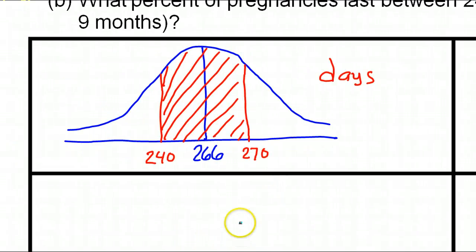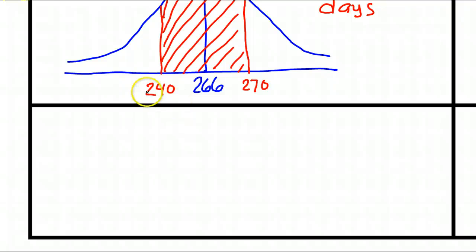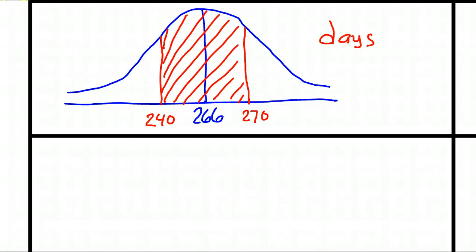Step 2 down here is to make sure we have z-scores for all of these and pull the probabilities and percentages from our chart. So first of all, the z-scores.